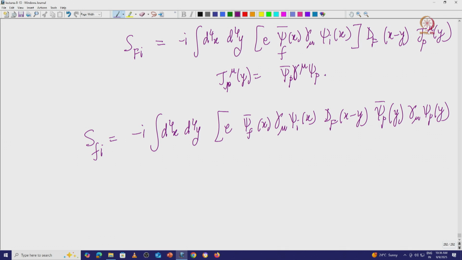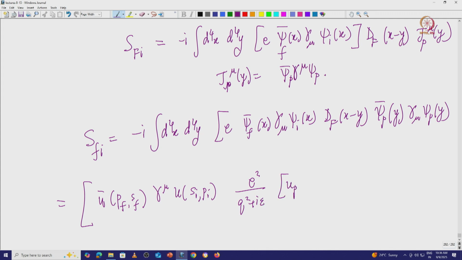Now you can expand each term, essentially j mu is equal to what, psi is equal to what, in terms of u bar and everything, and at the end of the day you end up with this expression: u bar of p_f s_f gamma mu u of p_i s_i, times e square by q square plus I epsilon, times u bar of p_f s_f gamma mu u of p_i s_i, times 2 pi power 4, and then there is a delta function factor.